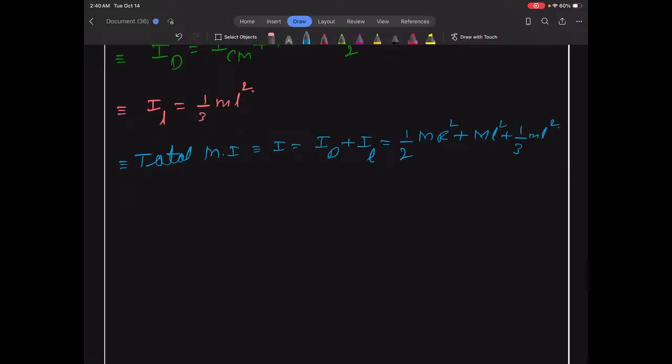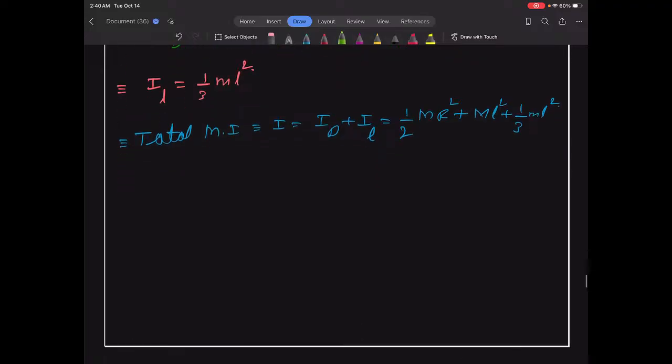We can make a minor adjustment here. So our moment of inertia I will be equal to 1 by 2 M R square plus L square, which we can take as common, and this comes as capital M plus 1 by 3 times small m.